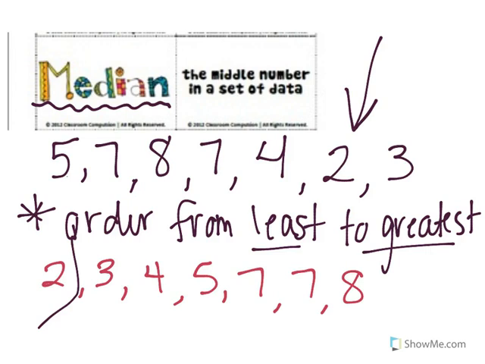So when I look at my data set ordered from least to greatest, I see that if I go 1, 2, 3 spaces from the left and 1, 2, 3 spaces to the right, I am left with one piece of data in the middle, which is 5. Therefore, the median of this data set is 5.